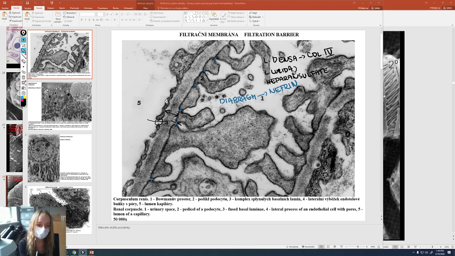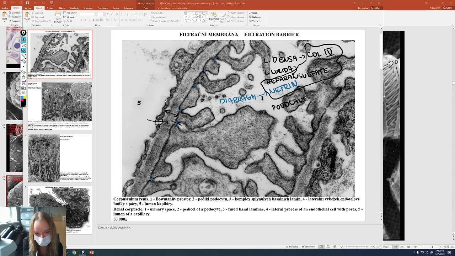This doesn't look pretty, I'm sorry, but probably you can read it. So collagen number 4 and heparan sulfate, and the nephrin in the diaphragm. It's very important for the filtration membrane to do its job, because of heparan sulfate, nephrin, and also some protein called podocalyxin.